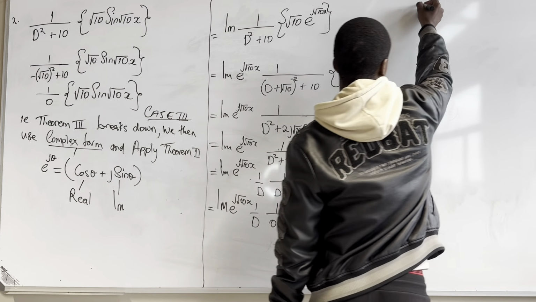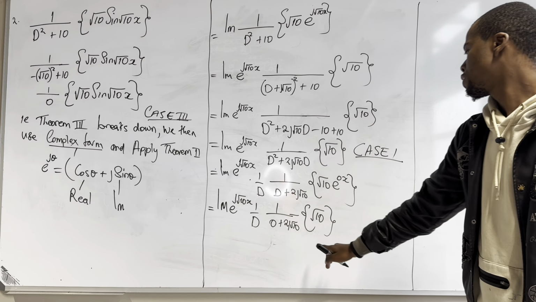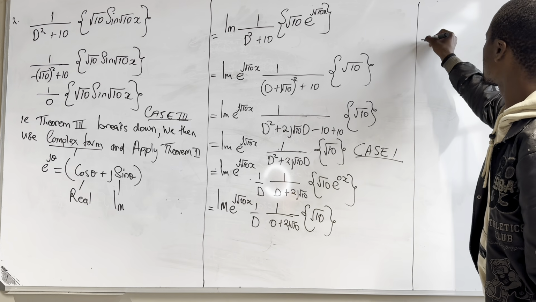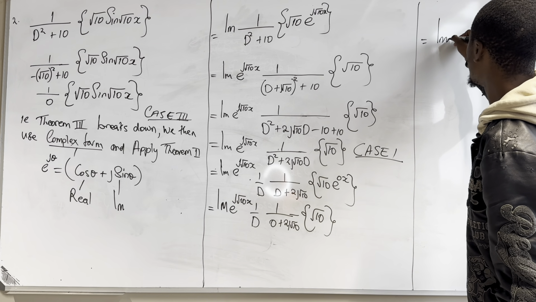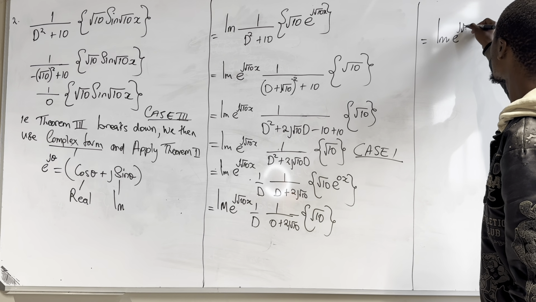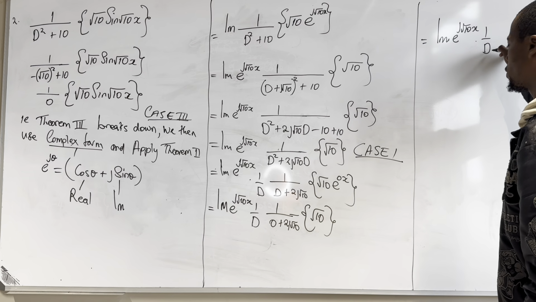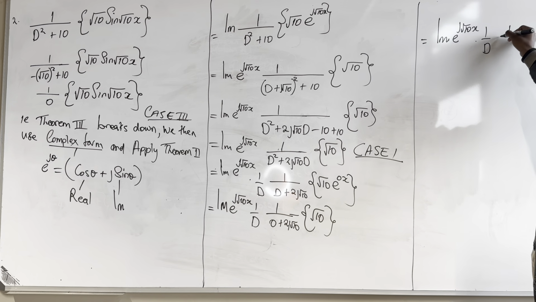Okay, and then when we continue here, we will be left with the imaginary part of e to the power of j root 10x, times 1 over d, and then 1 over 2j root 10.